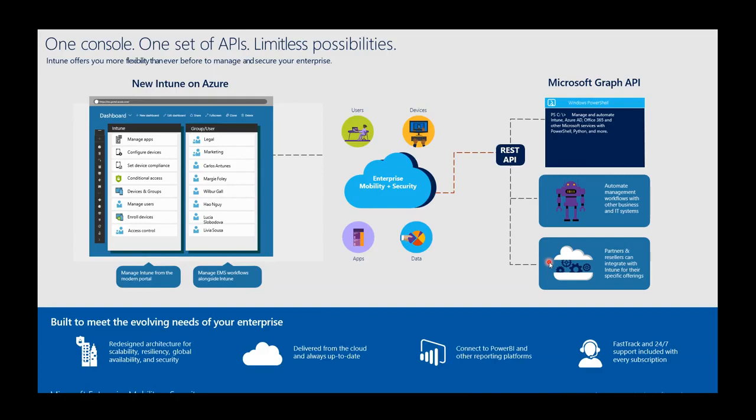We might need multiple different OEM-based management tools to manage all of this from one single place. Whereas enterprise mobility and security can all be taken care of from one single console that is in the Azure portal.